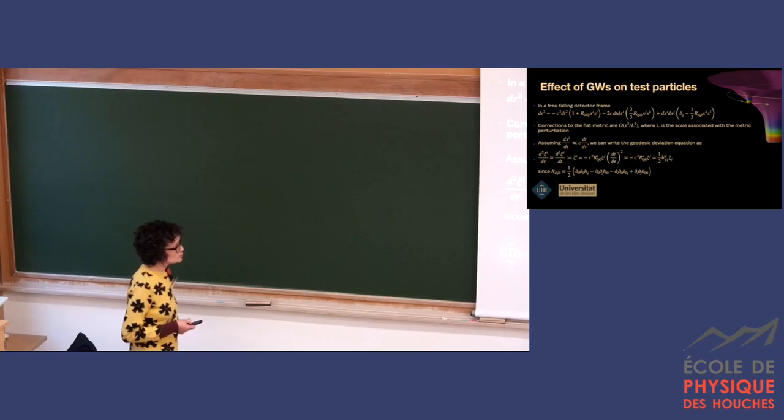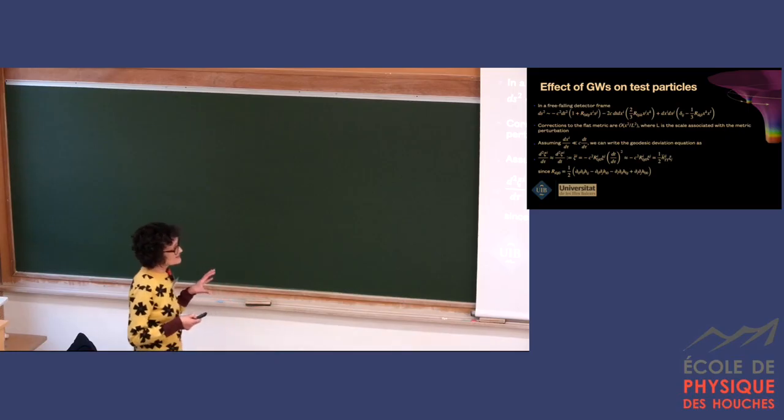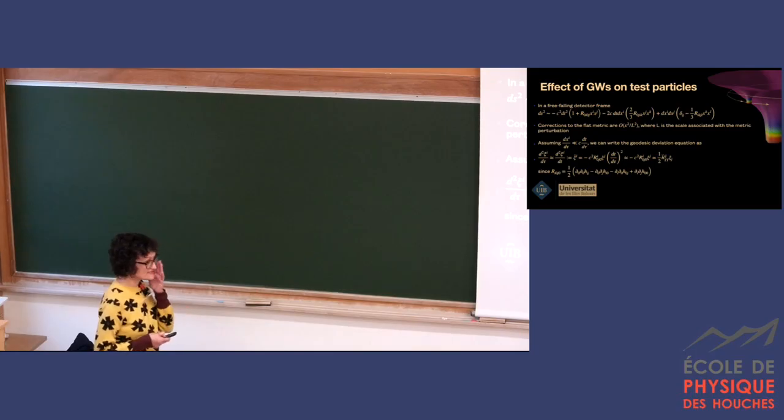And then we can go back to our geodesic deviation equation and say, okay, if I assume that the elements of my detector frame are not moving relativistically under the passage of this gravitational wave, I can reduce my equation to a very simple form, and I can eventually write down everything in terms of the transverse traceless part of the metric perturbation.